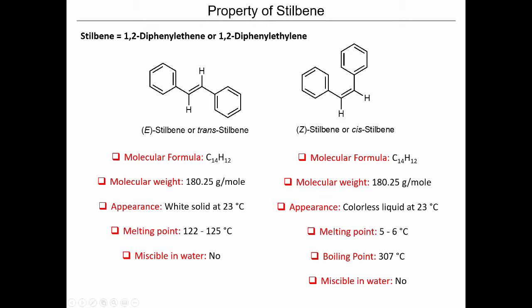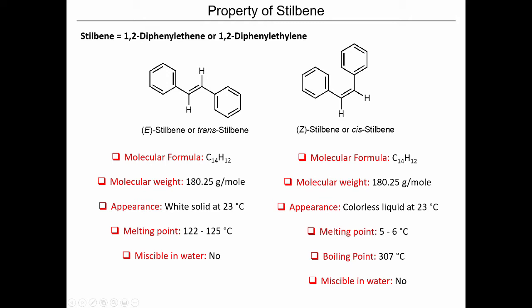So we can see that our trans Stilbene is actually a solid at 23 degrees Celsius, while our cis Stilbene is a liquid. And if we go further, we can see that the trans Stilbene has an incredibly high melting point of around 122 to 125 degrees Celsius. Meanwhile, cis Stilbene is 5 to 6.